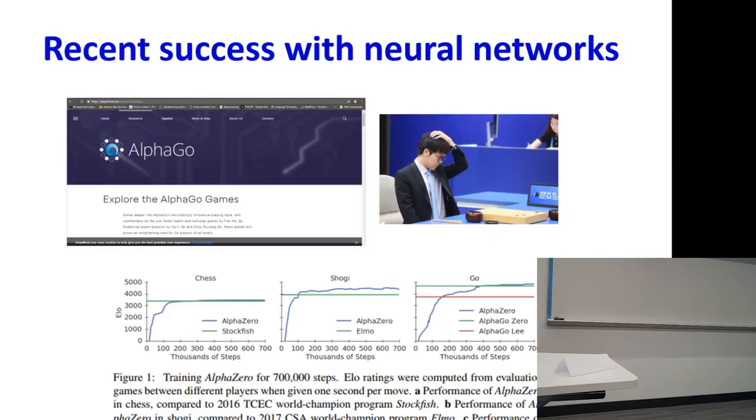So this was Alpha 0, and in 700 steps of learning, so this is basically beginning to learn from scratch. It doesn't even know the rules of the game. It learns about the rules of the game. It learns to beat the current best system in chess, which is Stockfish, after about 300,000 steps. It learns to beat the current best system in Shogi after about 200,000 steps. I don't know what Shogi is. I do know what Go is.